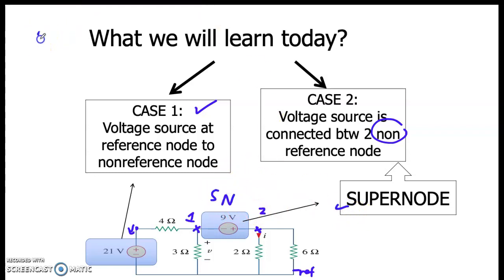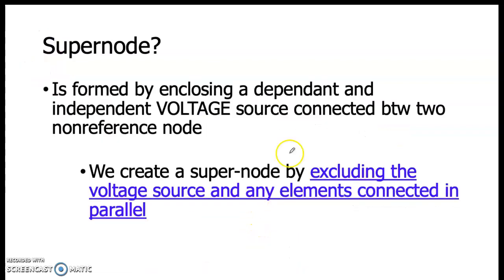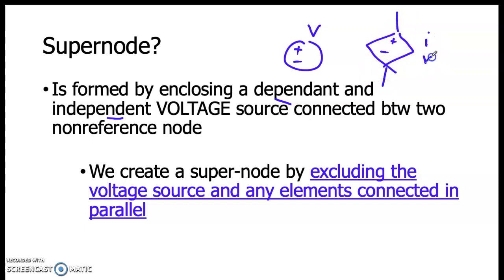Okay, if you compare with the super mesh, your current source is connected between 2 loops. But for your supernode, your voltage source is connected between 2 non-reference nodes. Okay, let's see the definition. What is supernode? It is formed by enclosing a voltage source, which can be dependent, shown by the diamond, depending on either current or voltage, or independent, shown by the circle.